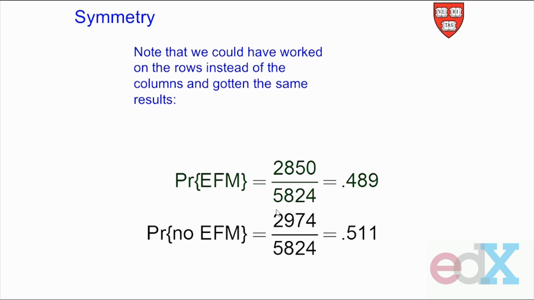Now, before we answer that question, note we could have worked the other way. We could have worked on the rows instead of the columns and gotten the same results. For example, we could say, what proportion had EFM? And the answer is 2850 divided by 5824, which is roughly 50%. What percentage had no EFM? Roughly 50%, really 51.1%.